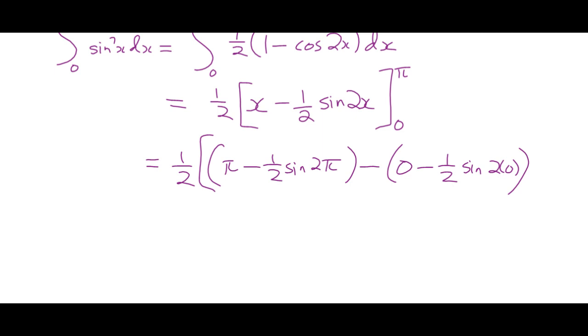All right, what's the sine of 2 pi? That's just 0. What's the sine of 2 times 0? 0. So what do we got? A half times pi, 0, 0, 0, 0. So it's just 1/2 pi. Pi over 2.